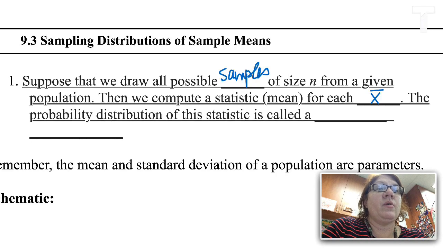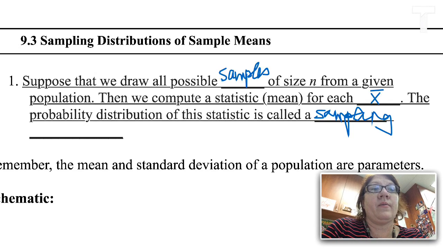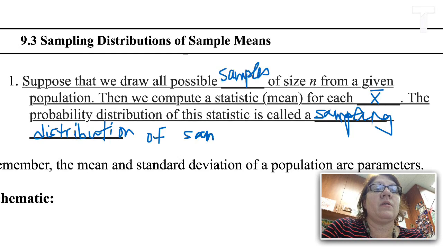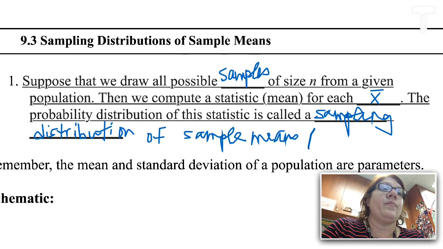And the probability distribution is still called a sampling distribution, just like it was for the proportions. This time, it's the sampling distribution of sample means, and therefore we call it, our cute little name, x barbell.